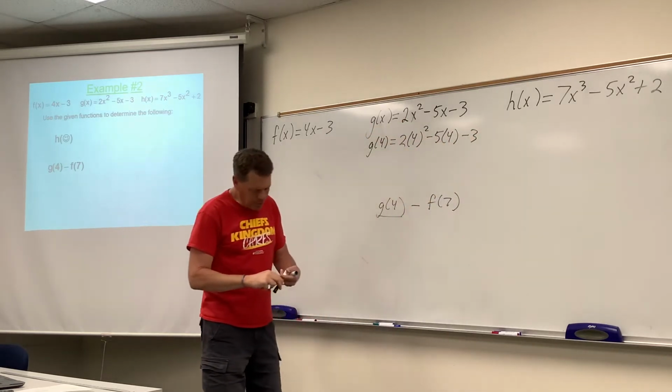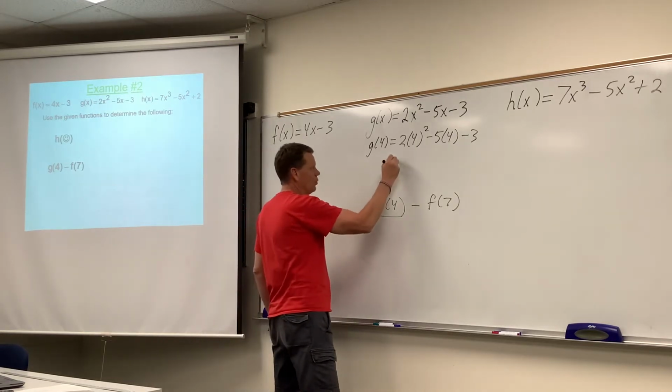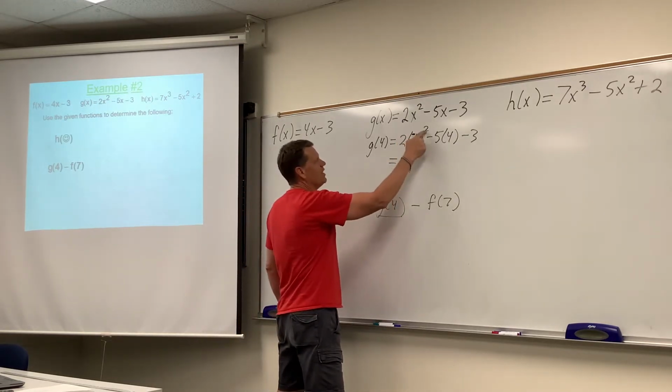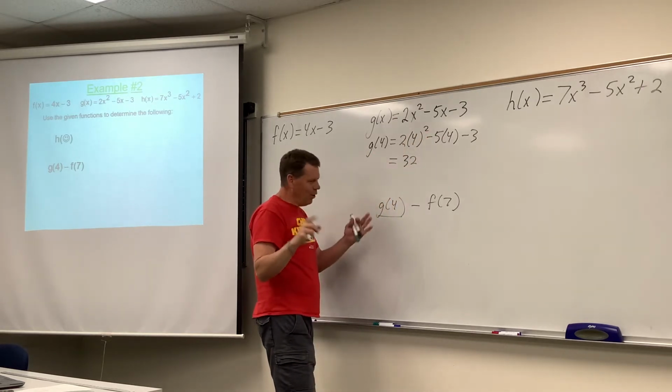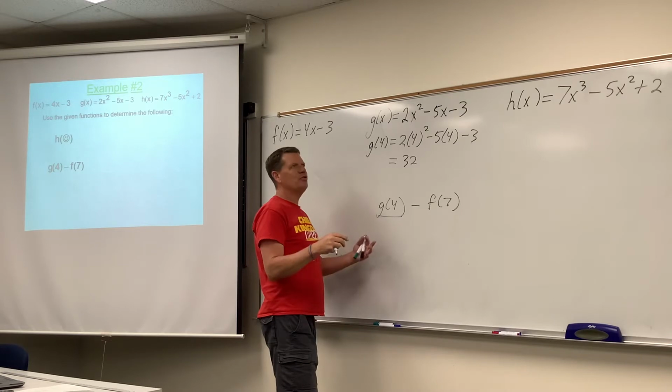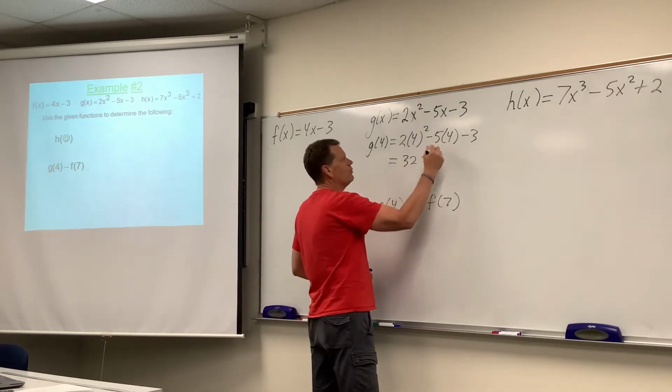And then crunch the numbers, which is important, but that's old stuff. 16 times 2. You do the exponent before you multiply. Day 1, all right? Oh, that is so January. And then 5 times 4 is 20.